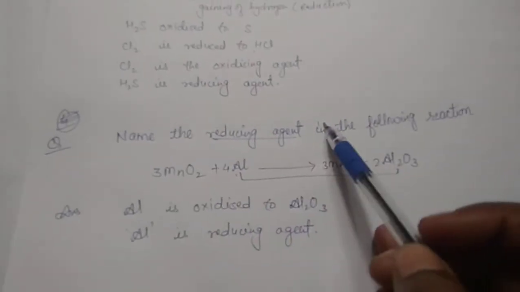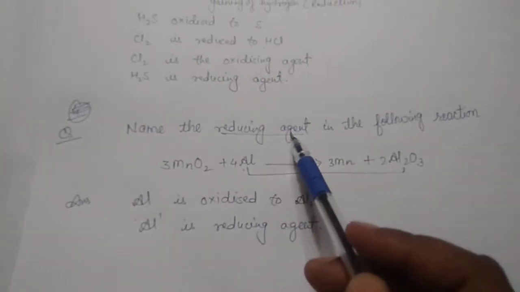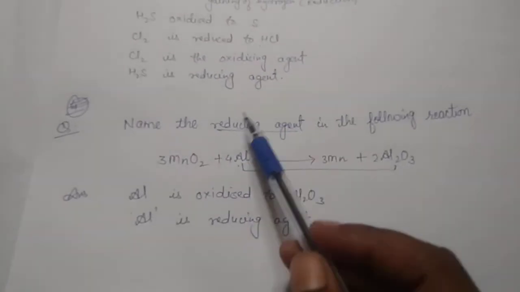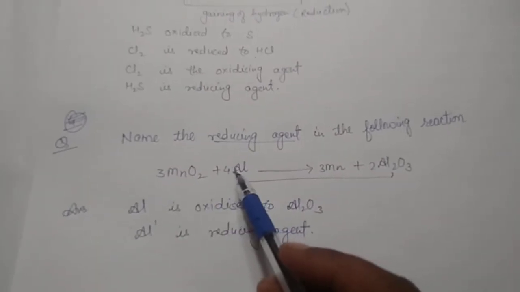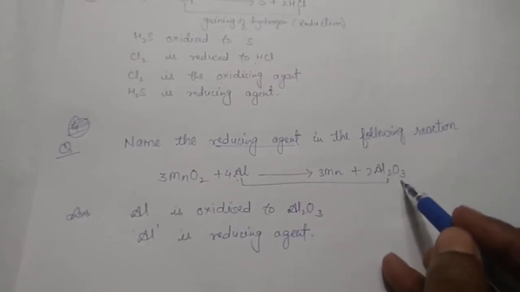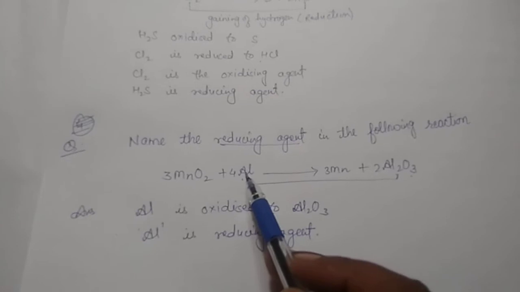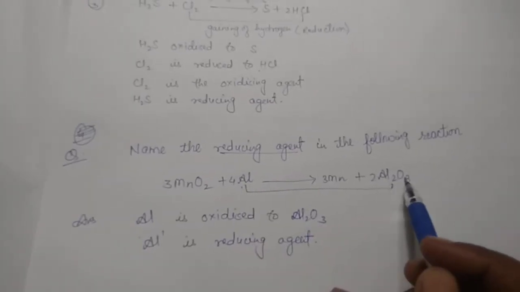Name the reducing agent in the following reaction. We have to find out the reducing agent, children. Manganese dioxide plus aluminium forms manganese plus aluminium oxide. Here aluminium, when it combines with oxygen, forms Al2O3.